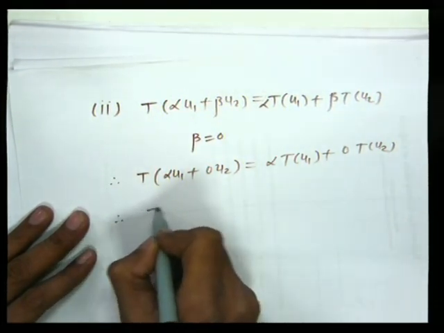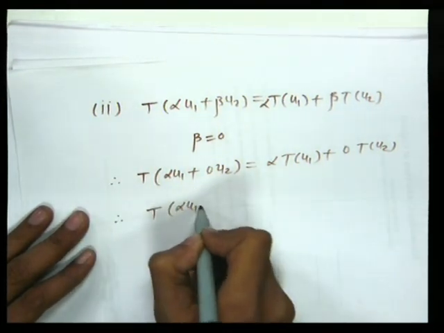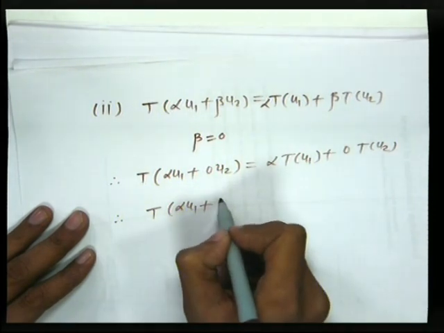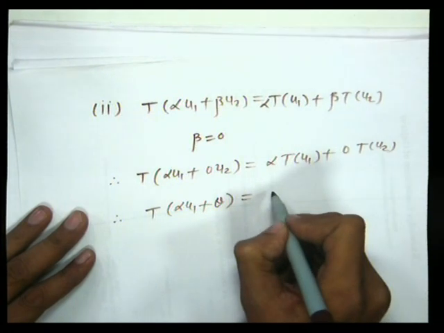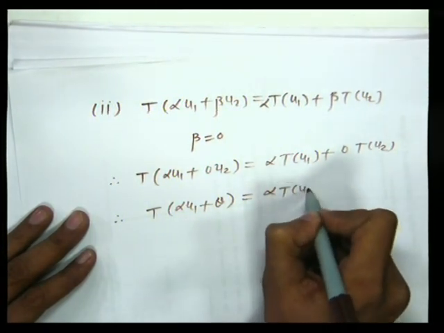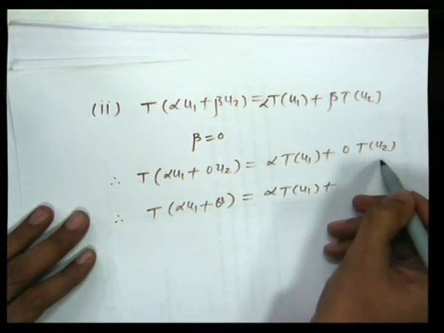Therefore T of alpha u1 plus 0 into u2, which is theta, the 0 vector of U, equals alpha times T of u1 plus 0 into T of u2.